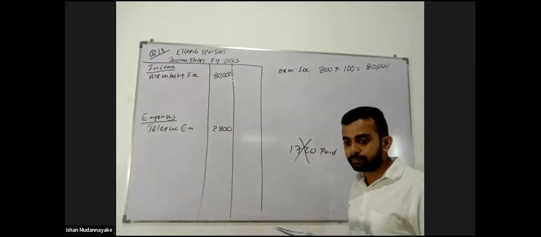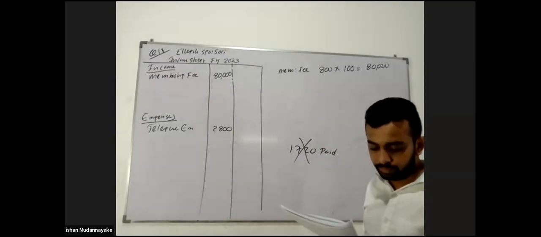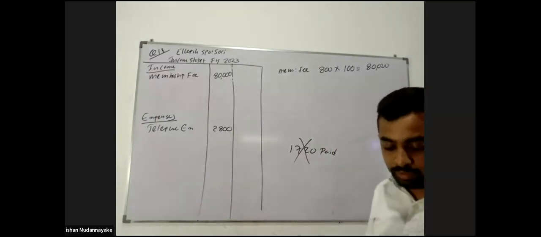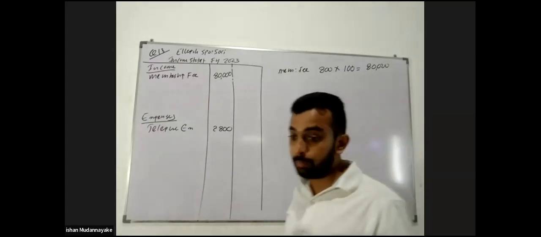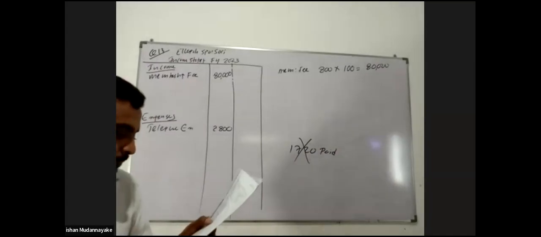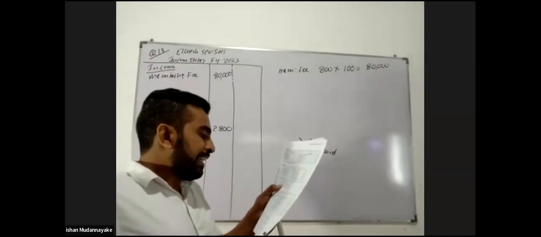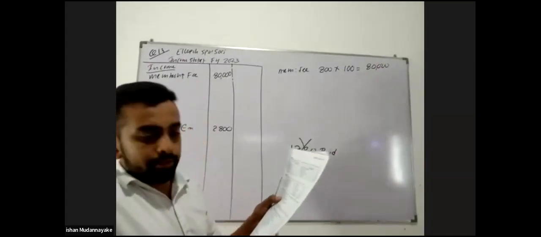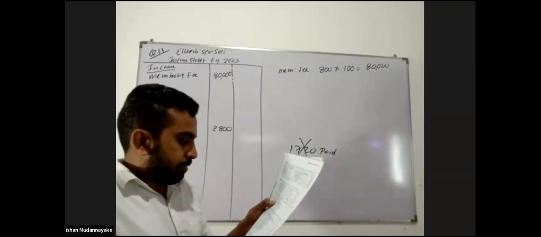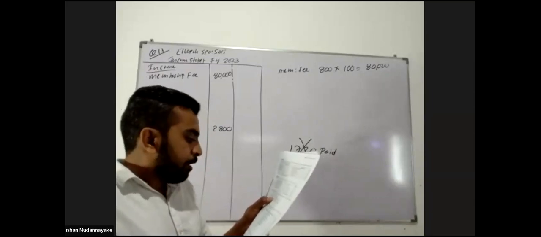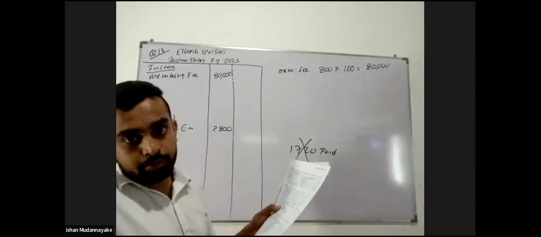Right. Next one. From additional information number 3. Here, 2,000 needs to be received from sale of flat.